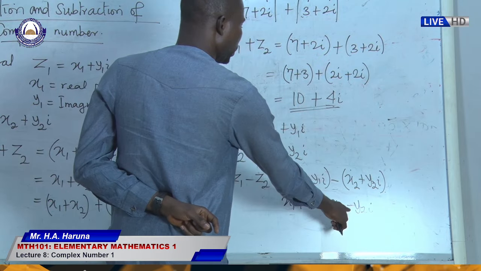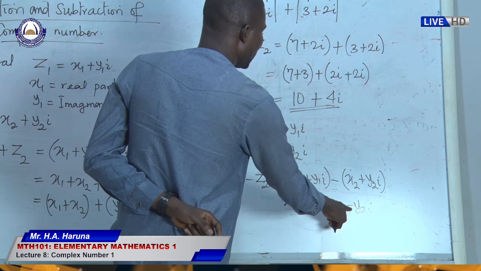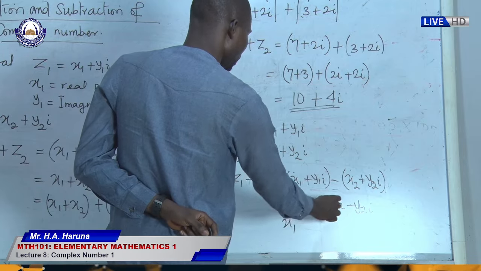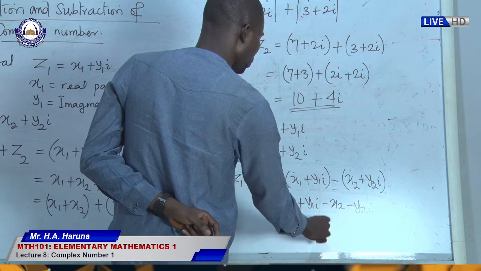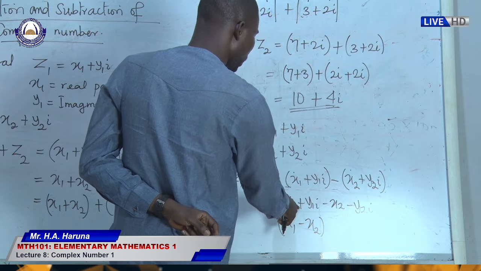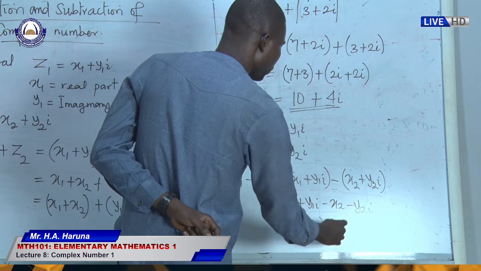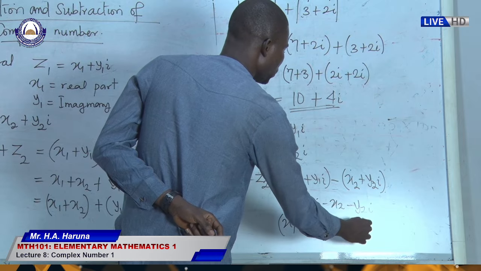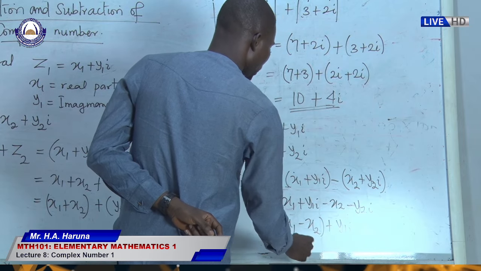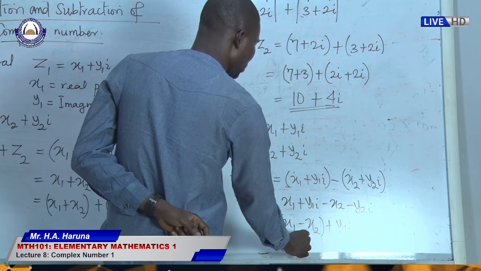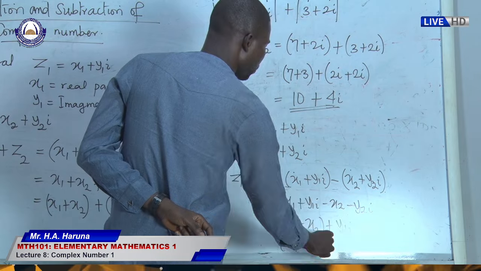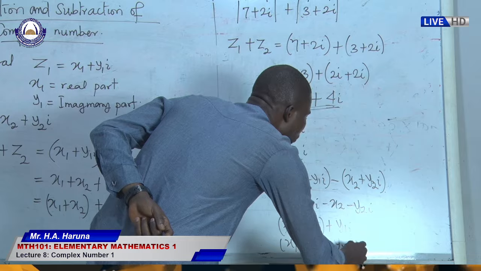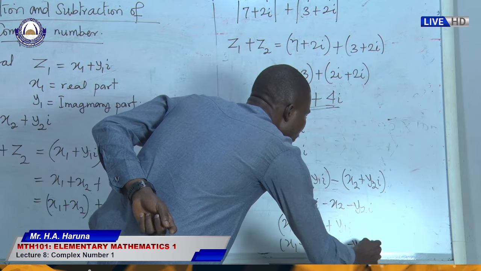This will help you because you already know that Y2, the imaginary part, carries one negative. Hence, you say X1, the second one is minus X2, then the first one here is plus. So you have your plus outside, Y1 i, then followed by minus Y2 i. Then you can factorize. Say X1 minus X2 plus Y1 minus Y2 in bracket, times i.